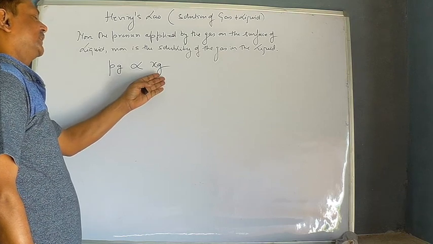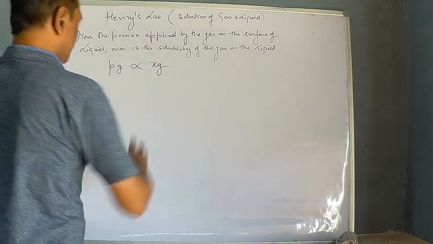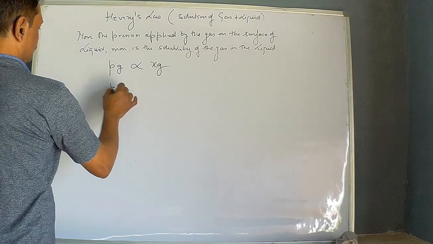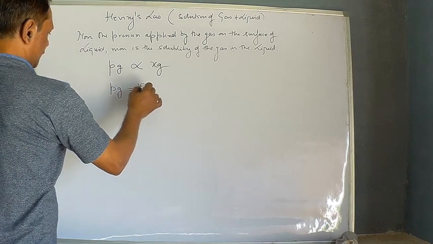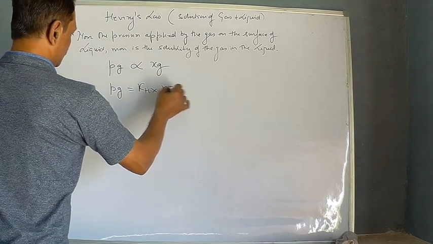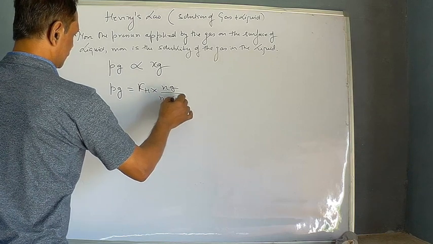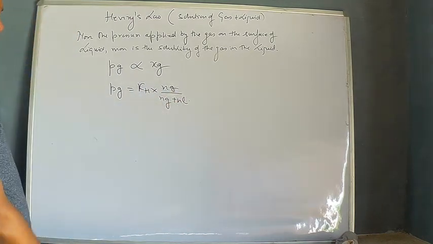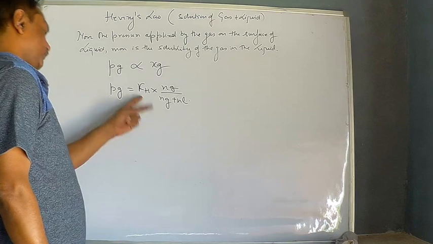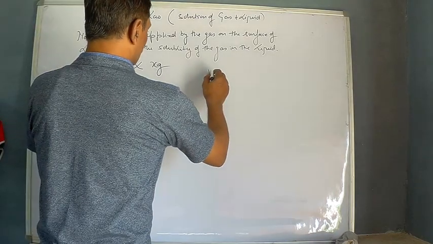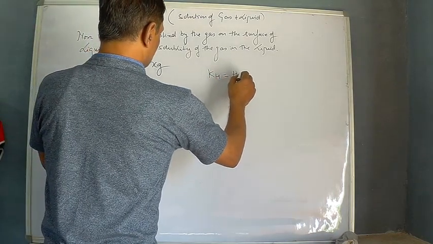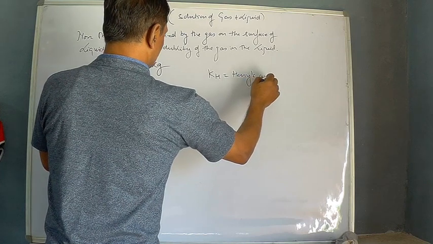Higher the mole fraction of the gas in the liquid, more the solubility. So Pg equals KH into Ng upon Ng plus Nl. Class, what is KH? The constant of proportionality, also called Henry's constant.